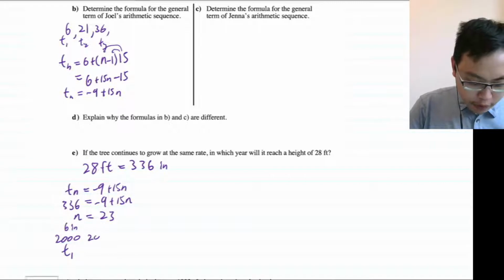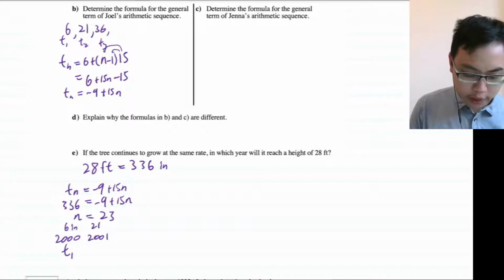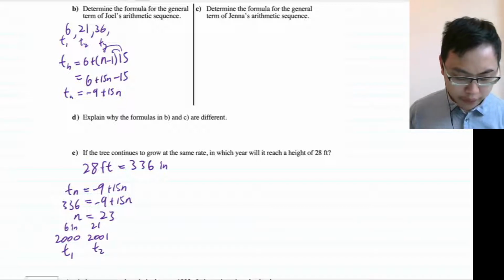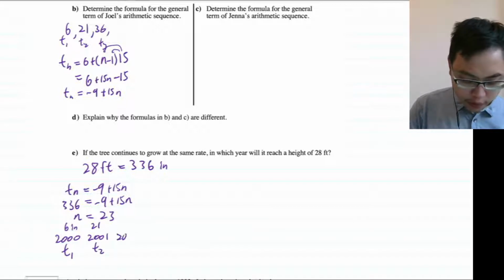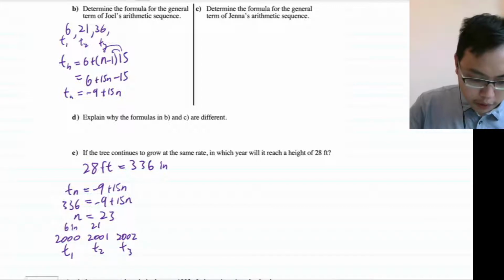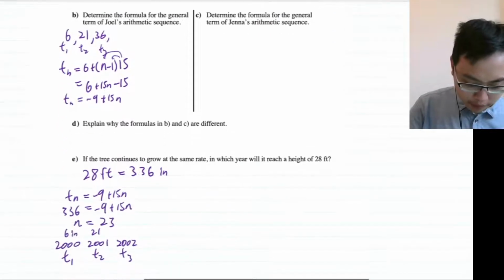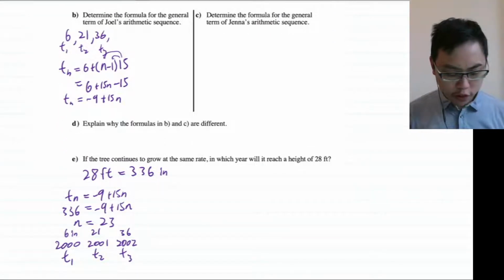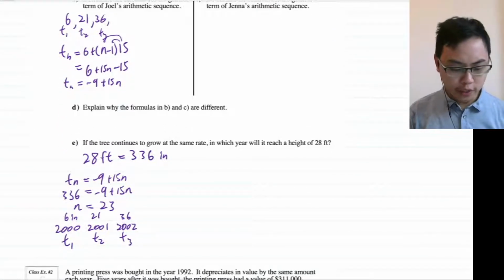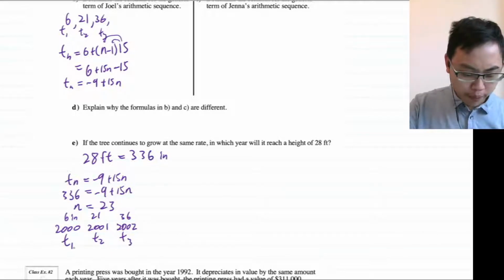The next year, in 2001, the tree would be 21 inches, and that would be term 2. And in year 2002, that would be term 3. It will be 36 inches. Just from looking at this, I can see a pattern. For term 1, it is year 2000. For term 2, it's 2001.